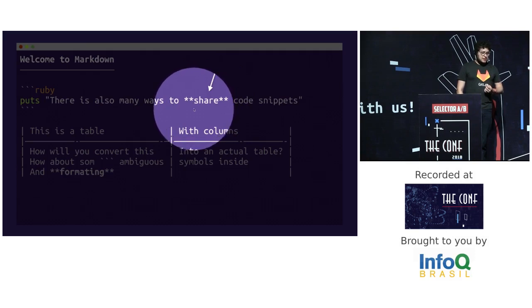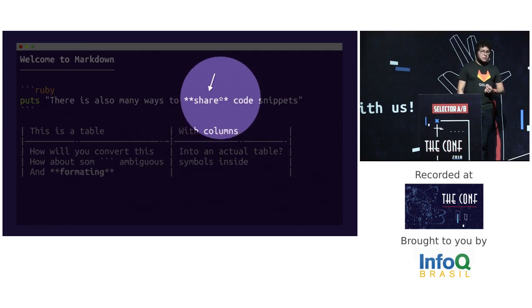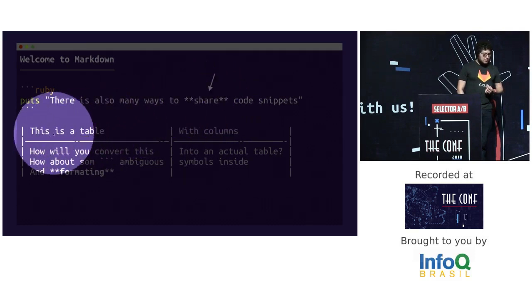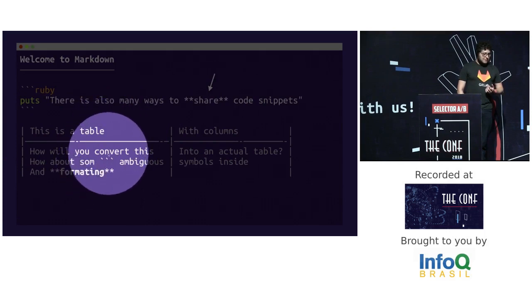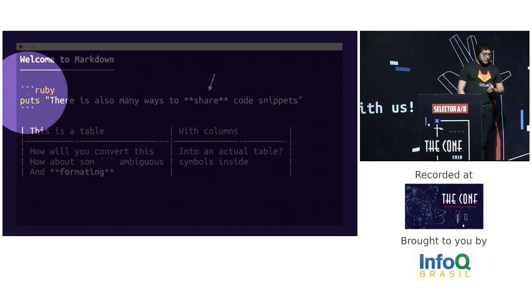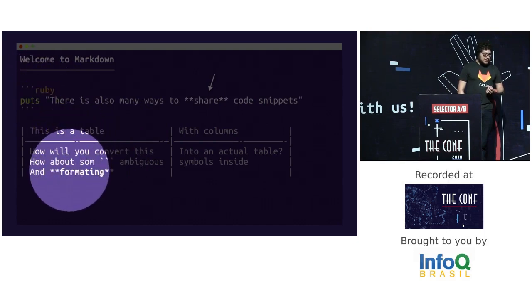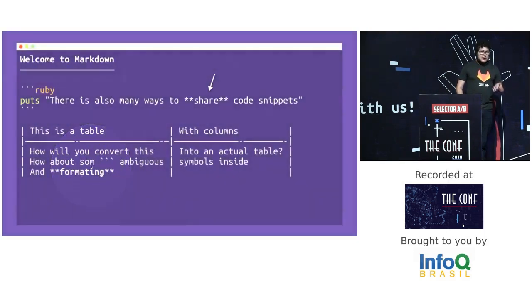It will be a bold or a strong HTML here, which is not ideal. And also, how the hell are you going to parse this table? And it also has this conflicting syntax here. There's formatting as well, so it gets messy.